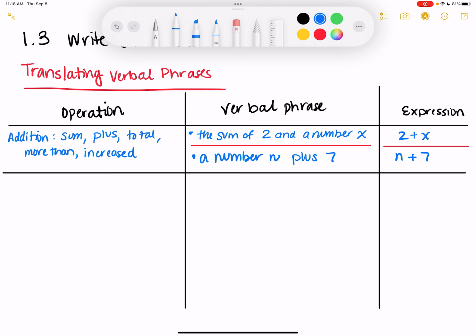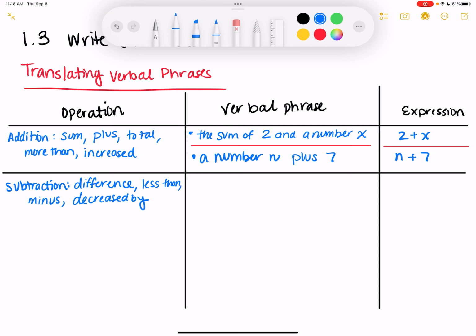The next one is going to be subtraction. So this would be if you see the words difference, less than, minus, or decreased by. Okay, so if you see any of those words, think subtraction.